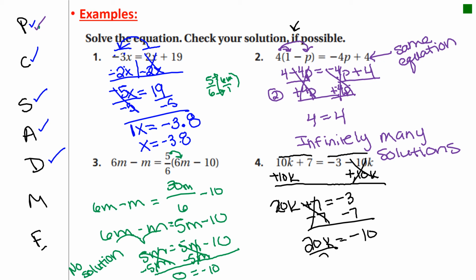Divide by 20. I'll go into this division part here, because there's no addition or subtraction. Well, there was addition to undo, but there is no division to undo. Divided by 20 both sides. K equals, or 1k equals, same thing. Negative divided by positive is negative. 10 divided by 20 is a half.